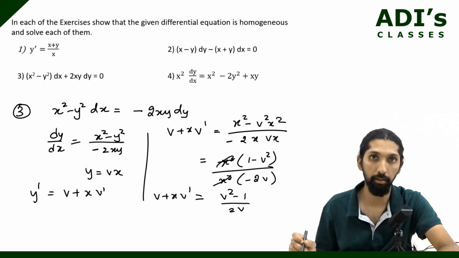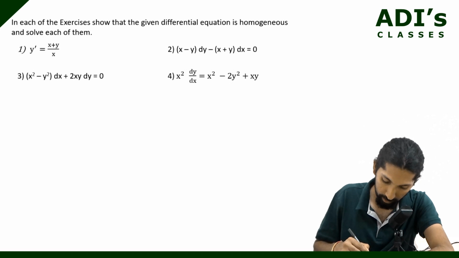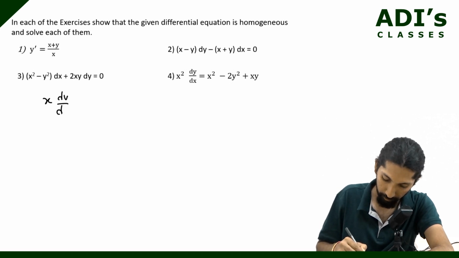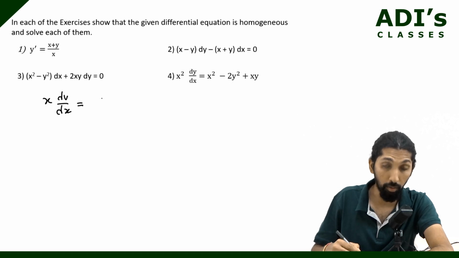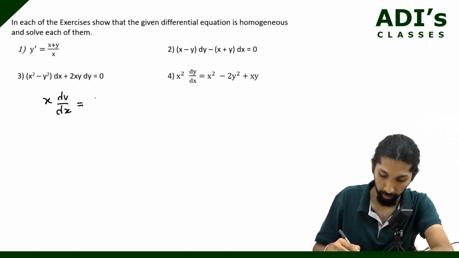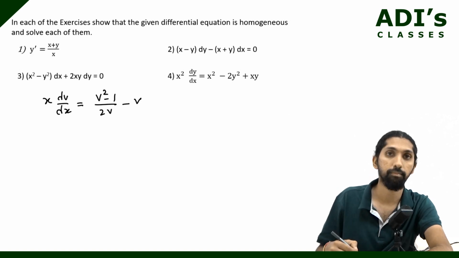Variable separable method now. Now, what do we have? x into dv by dx is equal to, so here you have v square minus 1 by 2v minus v, right?